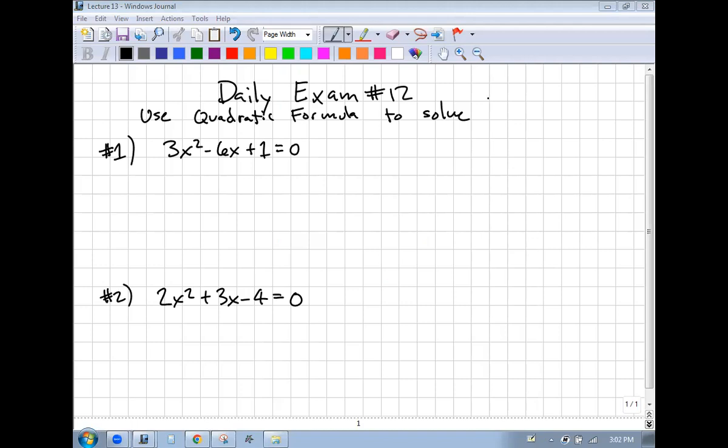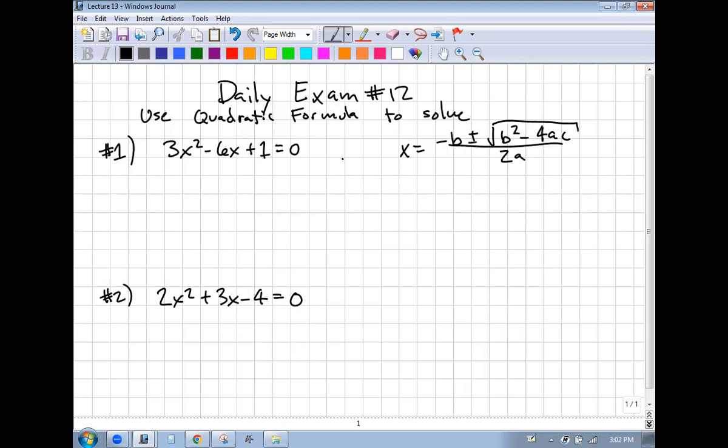Okay, so here was your exam from last time. We need to use the quadratic formula. Remember the quadratic formula? The solutions to this equation are negative b plus or minus the square root of b squared minus 4ac all over 2a.